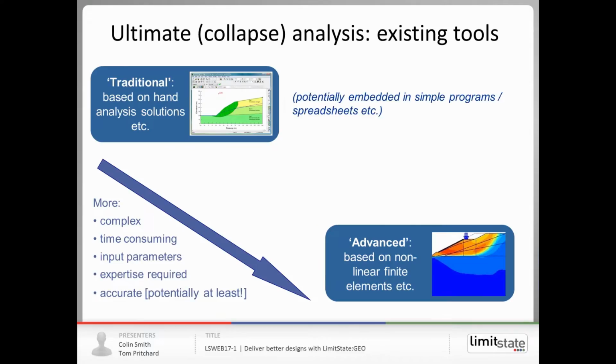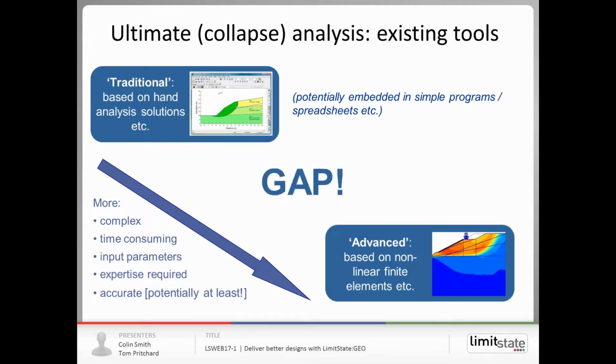So to put this in context with other currently available software, on the one hand, the top left here, we have generally easy-to-use software and spreadsheets that are based on conventional hand calculation type methods that can handle a specific problem type. Whereas on the other, on the bottom right here, we have the more complex finite element software, which can deal with pretty much any problem geometry and much more complex soil behavior.